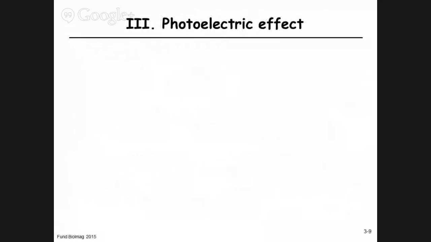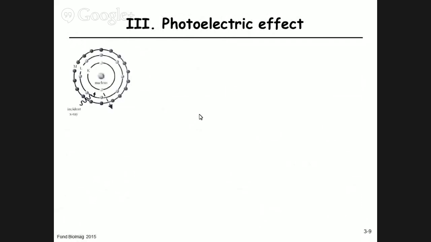Okay, the third effect that I want to discuss is the photoelectric effect. What we have here is an incident X-ray, and this X-ray interacts with an inner shell electron. It has sufficient energy to kick the inner shell electron out of its shell, so it has more energy than the binding energy, and that inner shell electron is removed.